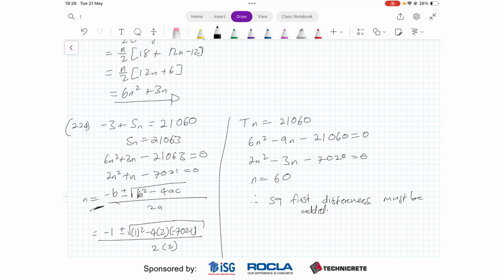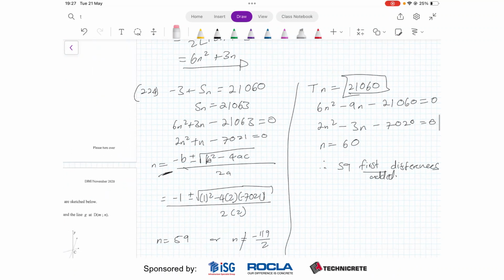Whatever number of first differences must be added to the first term to give us this term will be n minus 1. Now n minus 1 is 59. Okay, so that is essentially the quickest and easiest way to do it.